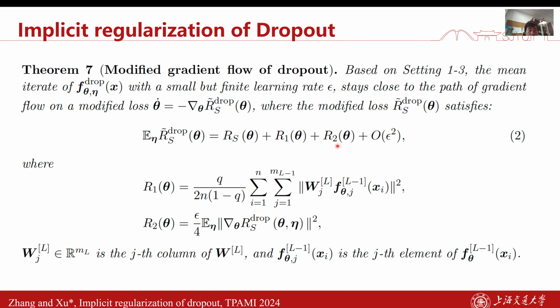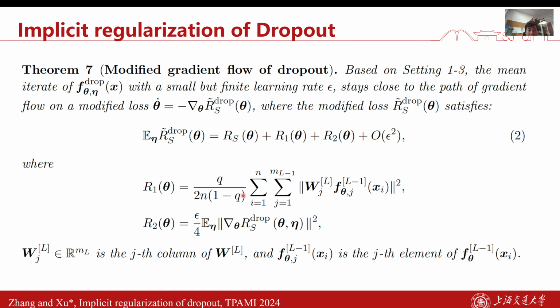And this R2 comes from the discretization of gradient flow. So this R2 is not so important in the study of dropout. The key thing is, once you use dropout, you get another regularization, or another term in the loss function, in the expectation sense.